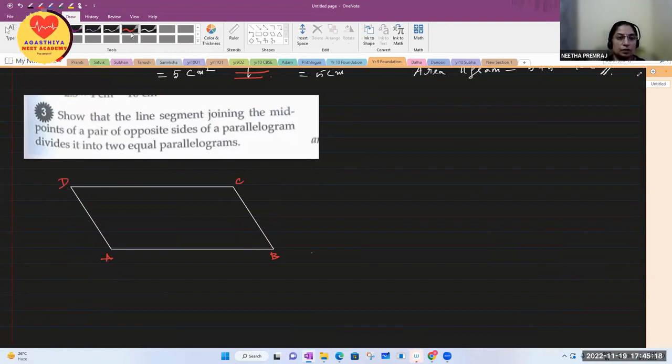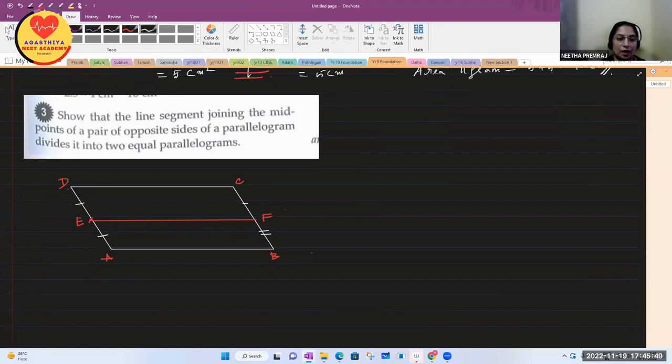Let E be the midpoint, as such ED is equal to EA, and I draw a parallel line through this, EF. So as such, these two measures are equal. So E is a midpoint of AD and F is a midpoint of BC.